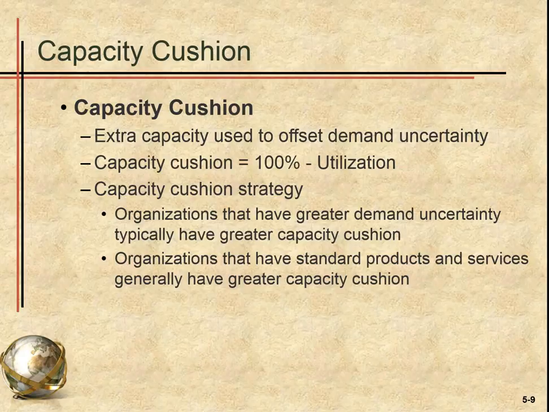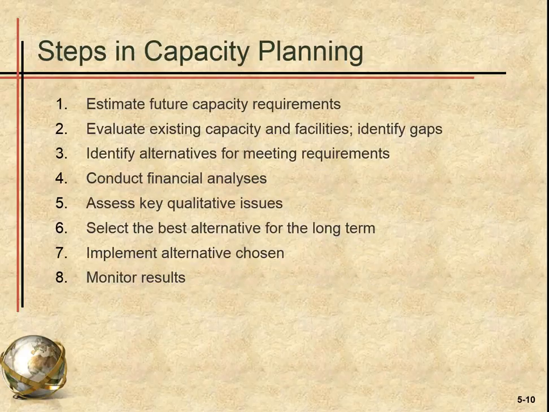If you have a product or service that is not very standard, it's very hard for you to calculate your capacity cushion. If you're producing, let's say, iPhones, a very standard product, it's much easier for you to calculate and maintain a capacity cushion, which is a good thing, and it's why that's where you usually see companies with greater capacity cushions.